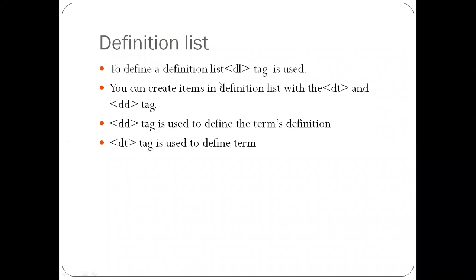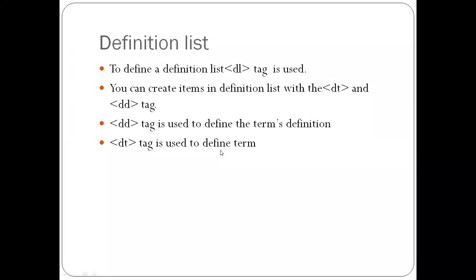So to define the definition list, DL tag is used. You can create the items in definition list with DT and DD. DD tag is used to define the term's definition, and DT tag is used to define the term. Means who will come first, DD or DT? First, DT, definition term. Then you will write the definition data.